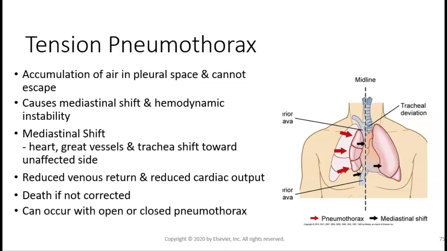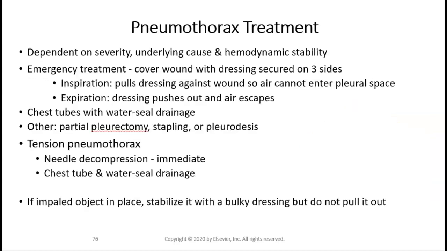So venous return is affected, and we know the veins go to the right side of the heart, not the left, and that causes decreased output. And so here is the treatment. Emergency treatment: open pneumos, cover them, secure that dressing on the 3 sides.